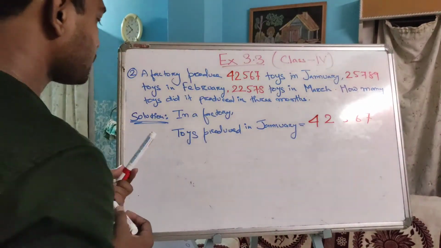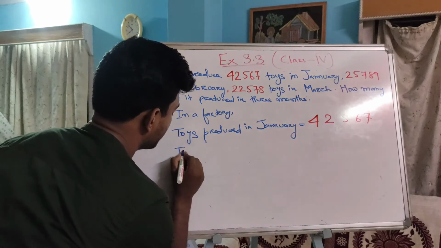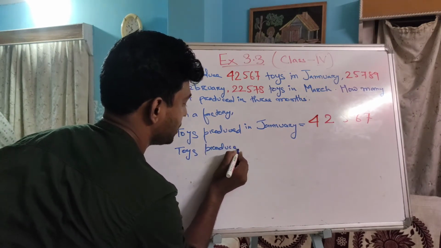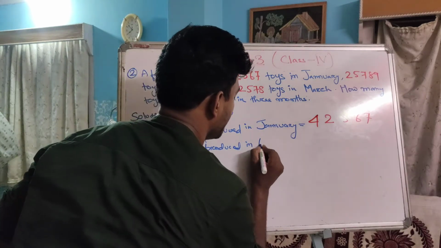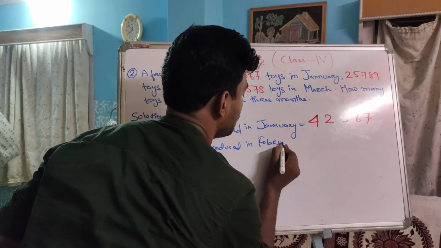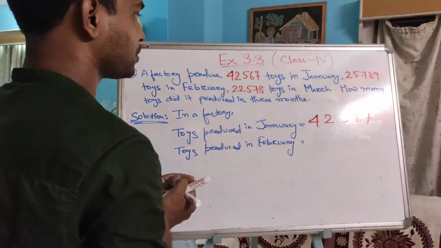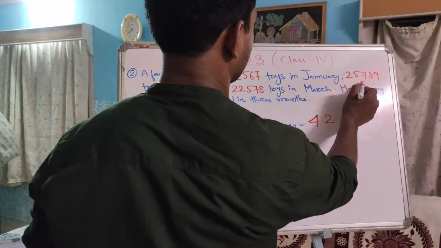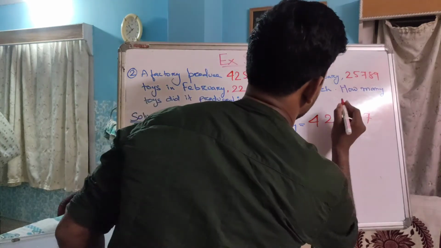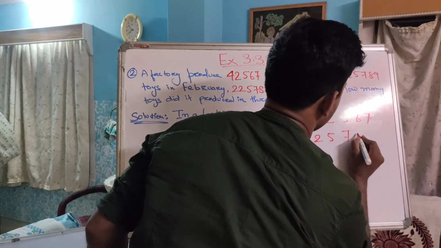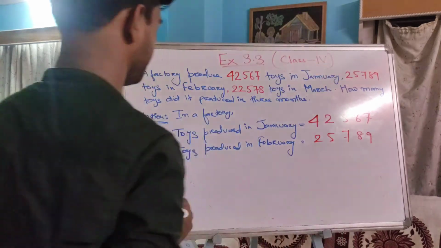Now second sentence, toys produced in February equals this number of toys: 25,789.